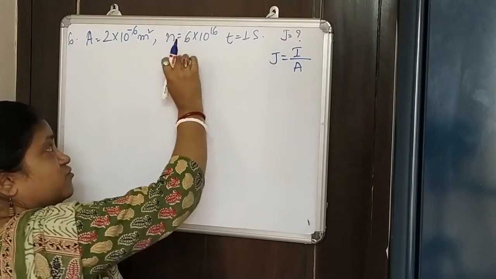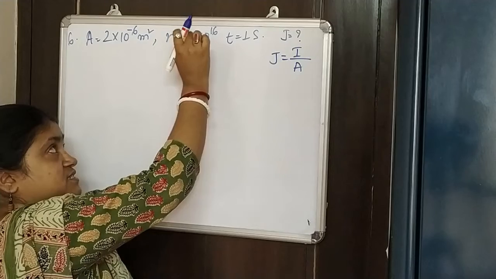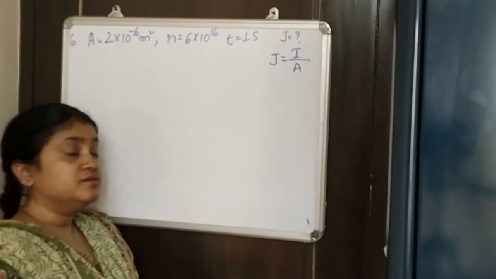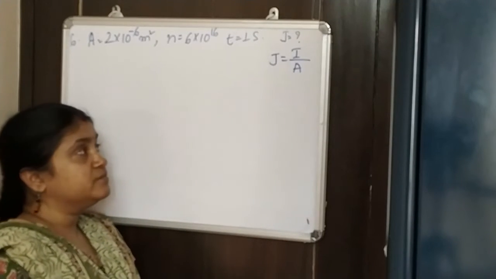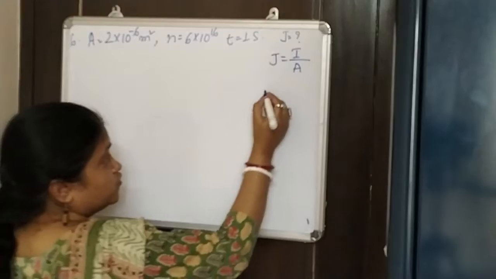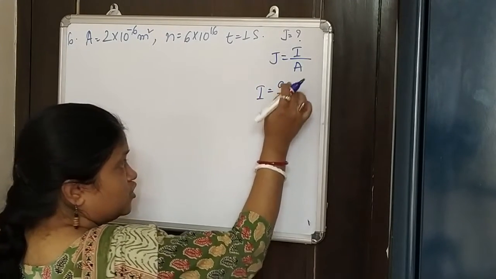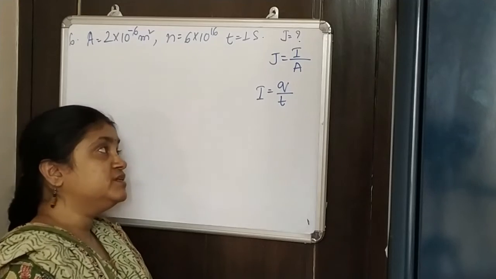Now to find I, we have the information that 6 into 10 power 16 electrons are flowing per second. So we know that I is Q by T, or the amount of charge per time.